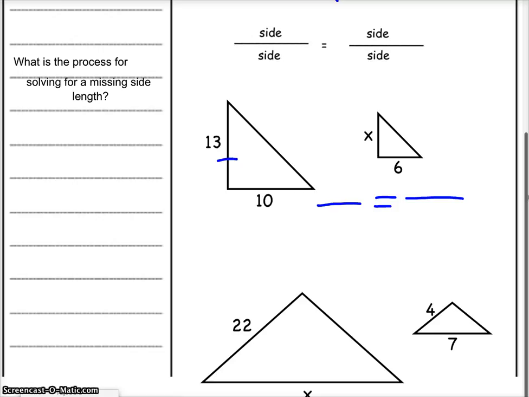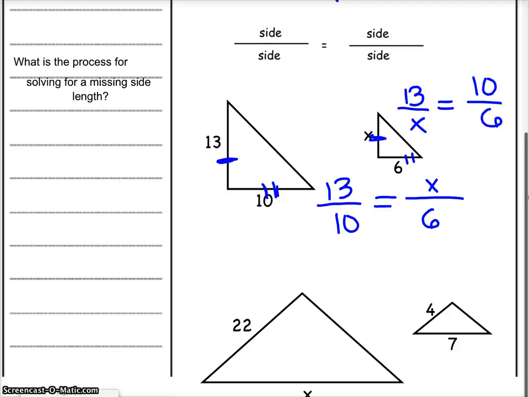I always start 13 is to what? 10. Okay, so Chase said 13 is to 10. So he said side 1 is to side 2 as, now I have to go to side 1 again, x is to 6. I wouldn't have personally set it up like that. My strategy is 13 is to x as 10 is to 6. But if you know cross products, it's an equivalent equation.